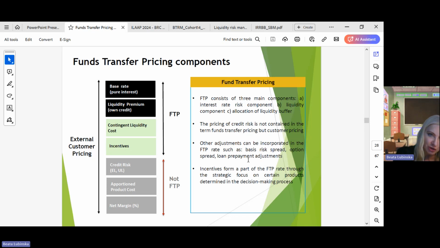So sometimes it is charged separately, not included in the FTP rate. Sometimes there are techniques which we will analyze subsequently, known as behavioralization, and you include in the FTP rate the fact that this product is consuming contingent liquidity, or driving the contingent liquidity cost.